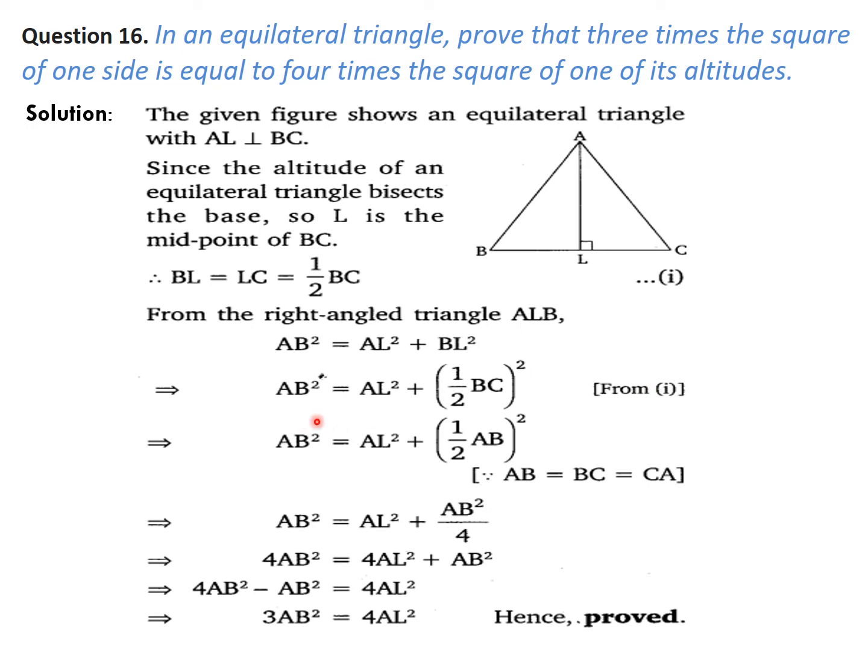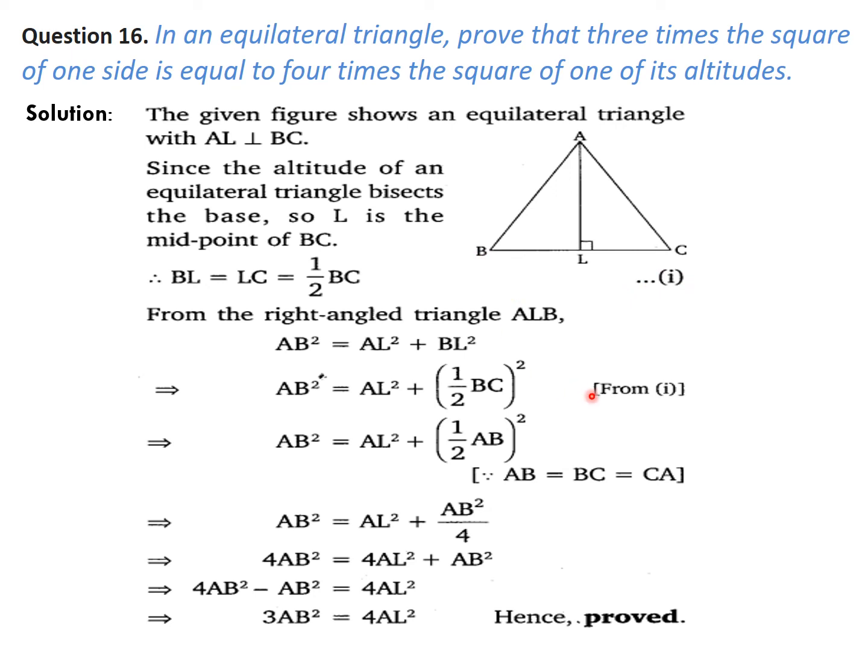So, AB square is equal to AL square plus BL square, and BL is equal to half of BC, whole square, from 1. Therefore, AB square equals AL square plus 1 by 2 AB square, because BC and AB are equal as it is an equilateral triangle.